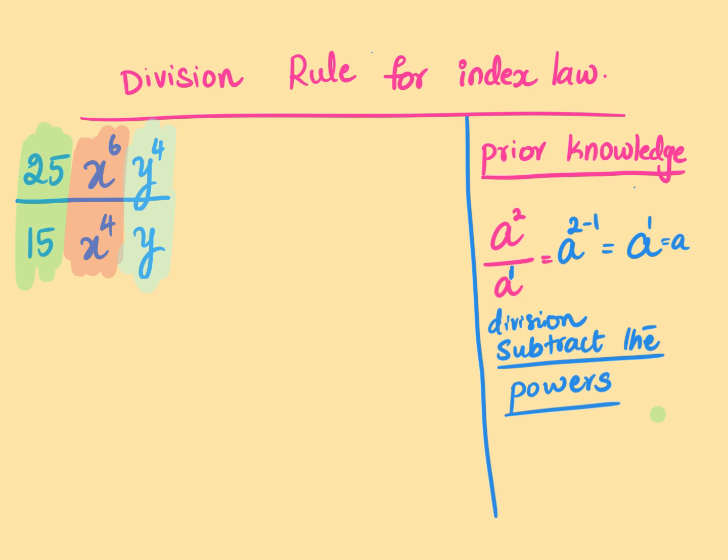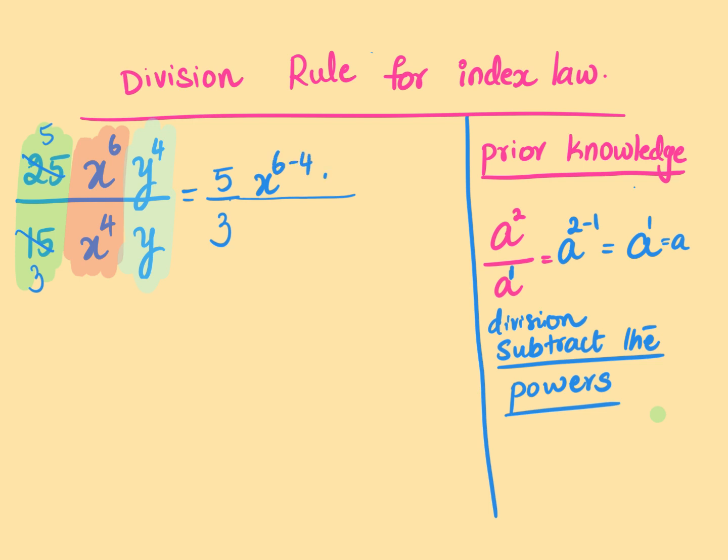So focus on just the numbers. What do I do with 25 divided by 15? The 5 times table can fit in 5 times 3, 5 times 5. So this makes it 5 divided by 3. Now continuing your fraction, what do I do with x? I said they have to be subtracted, so 6 minus 4.